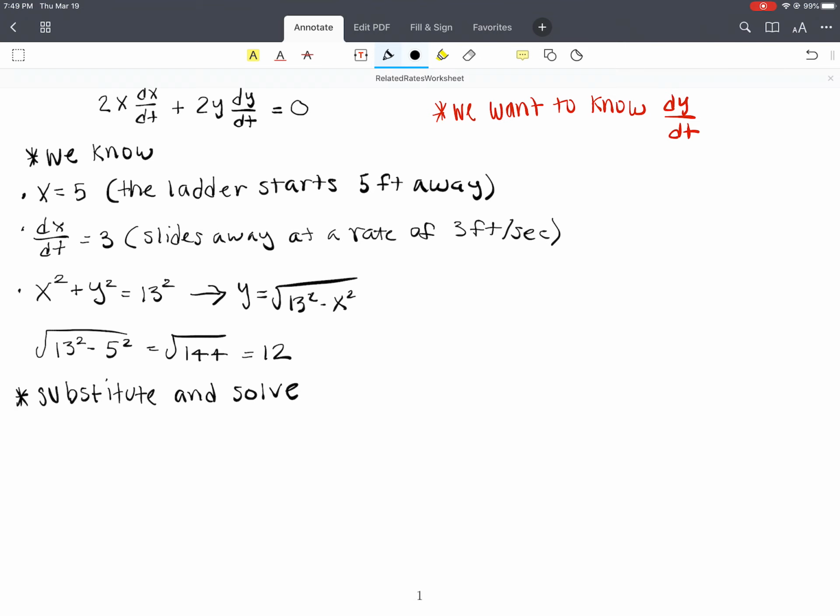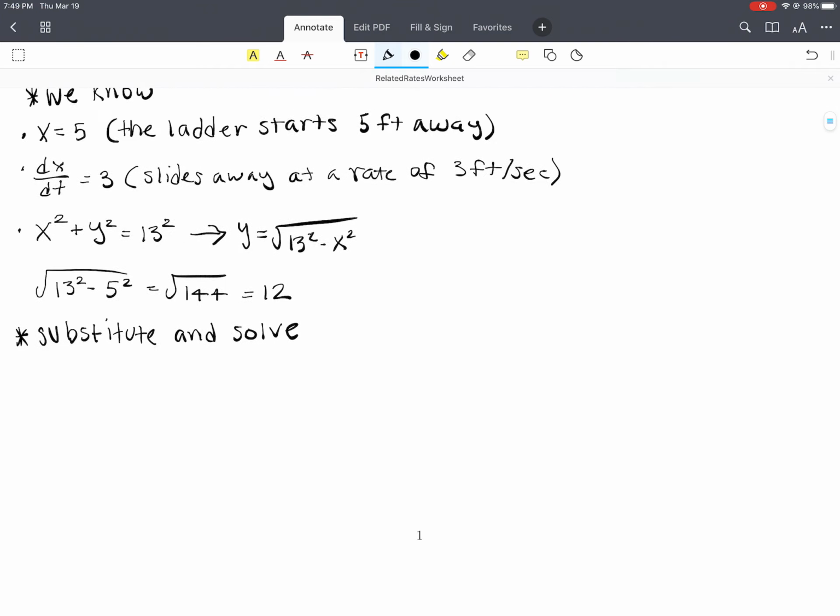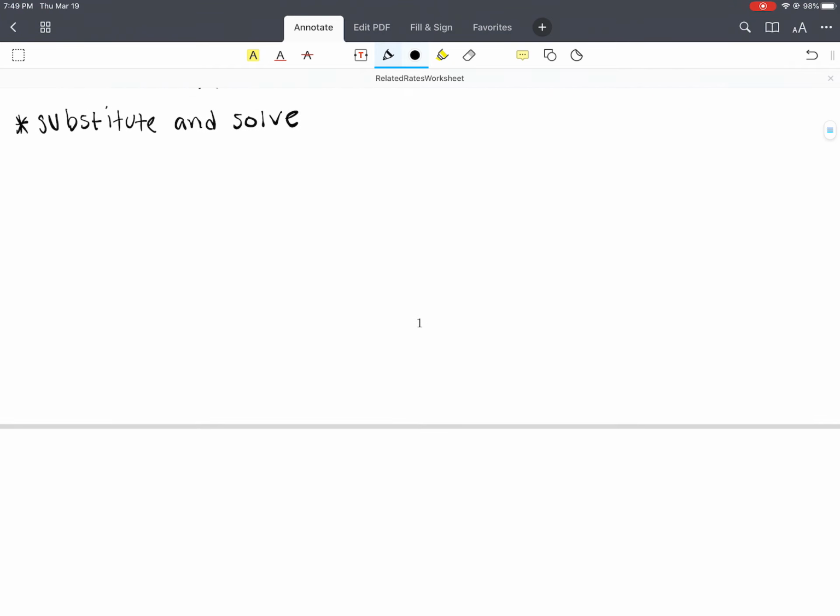So our equation up here, 2x dx/dt plus 2y dy/dt equals 0, that's what we're substituting into. We're going to solve it for dy/dt. So we get 2 times 5 times 3 plus 2 times 12 times dy/dt, all equal to 0.